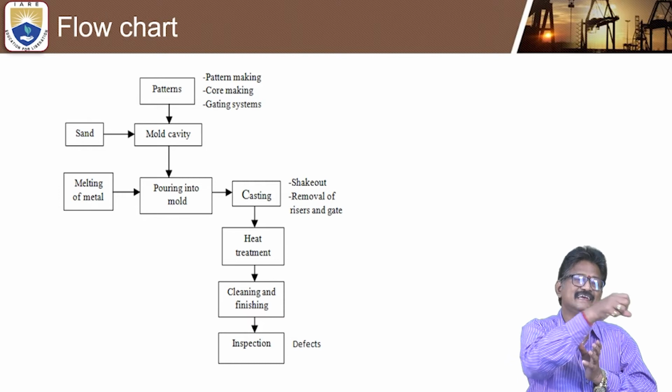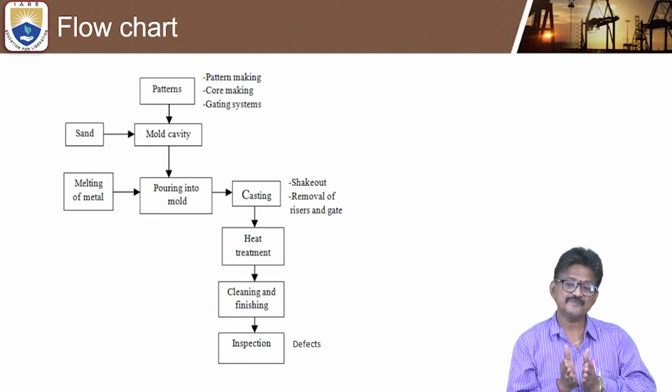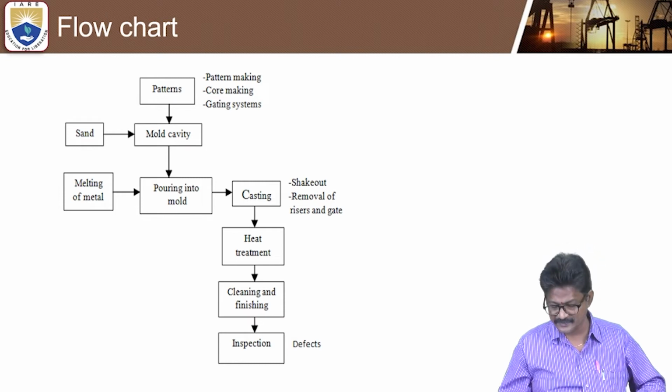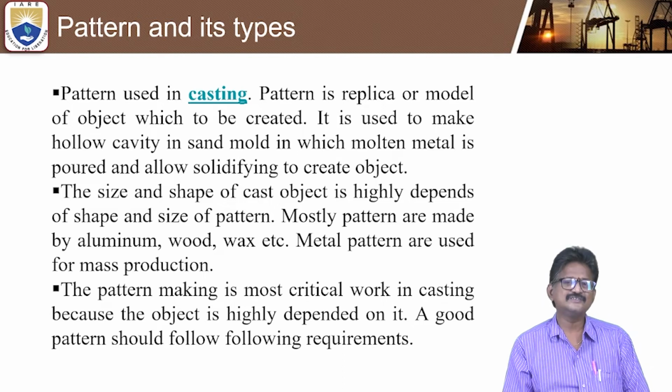That has been taken as input from historical days onwards. They take into consideration the preparation of the mold and similarly the pattern. So now let us see how the pattern can be used in casting.